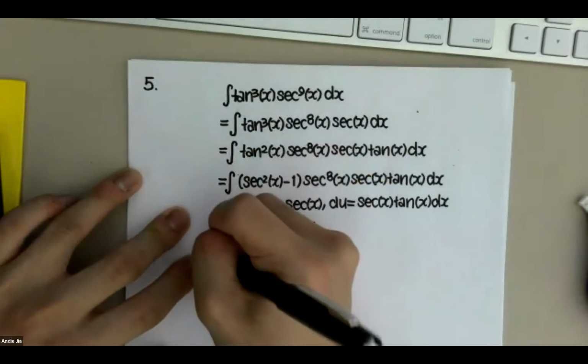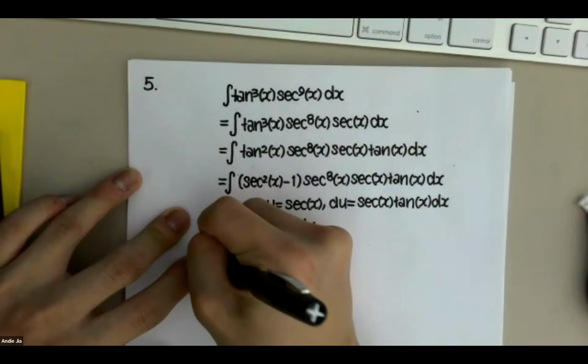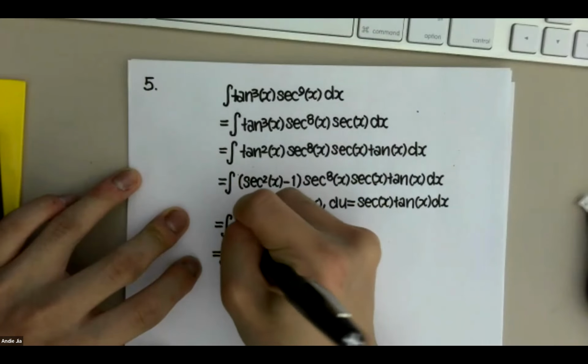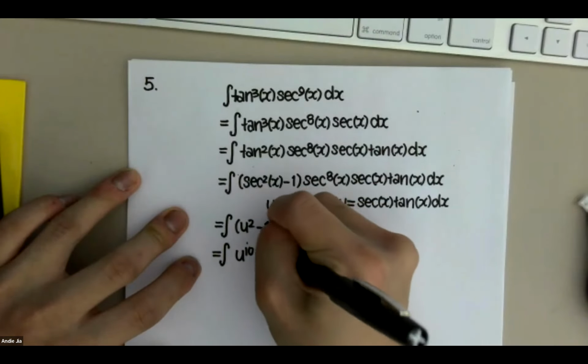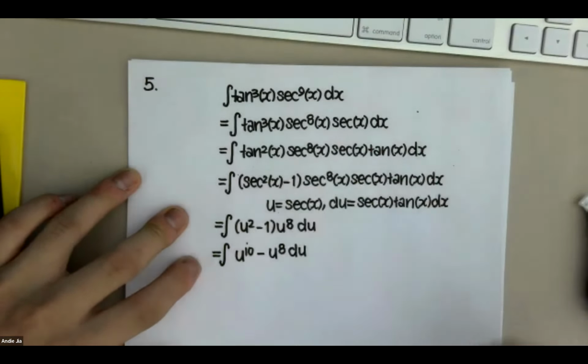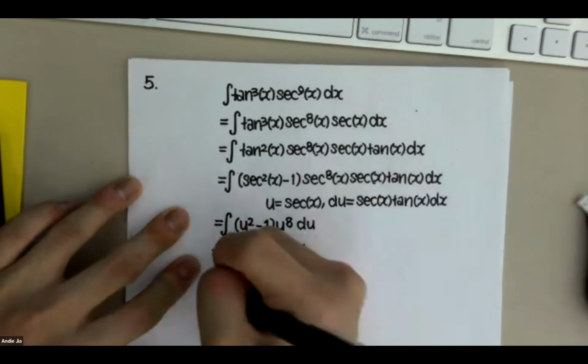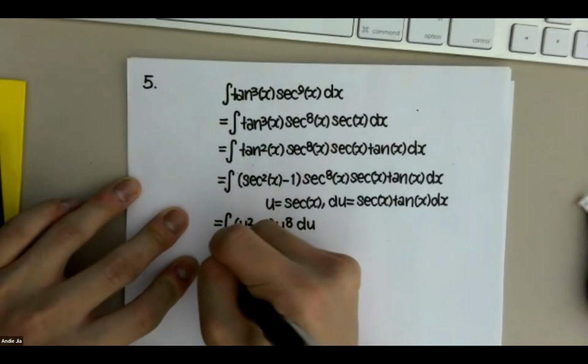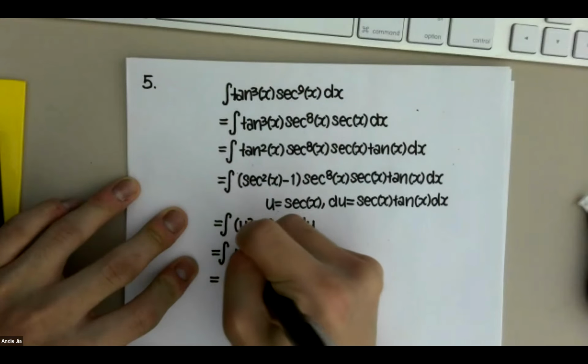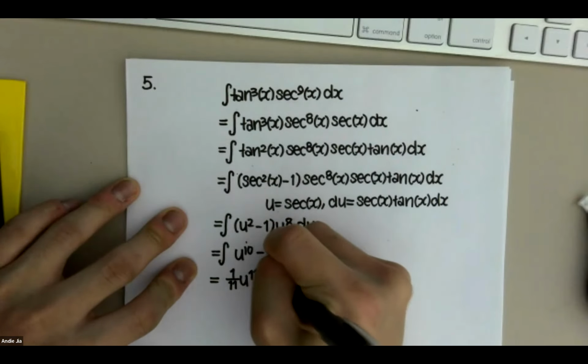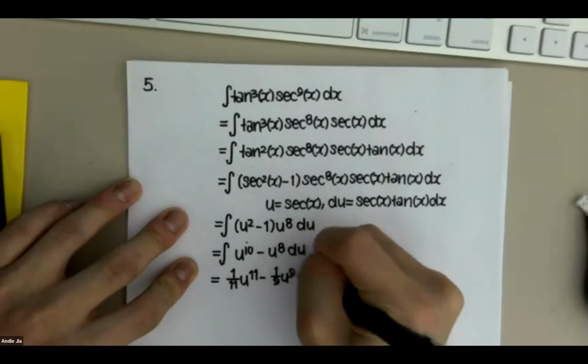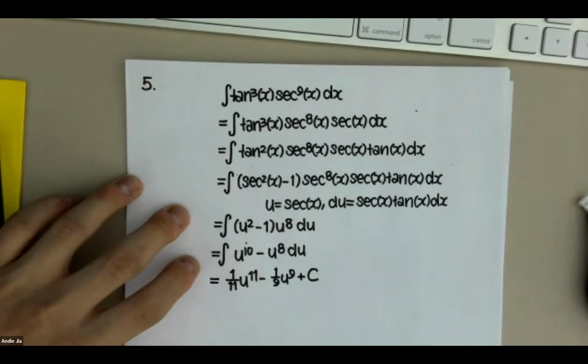Let me just expand: it's going to be u to the 10 minus u to the 8 du. Then we will have 1 over 11 u to the 11 minus 1 over 9 u to the 9 plus the constant of integration.